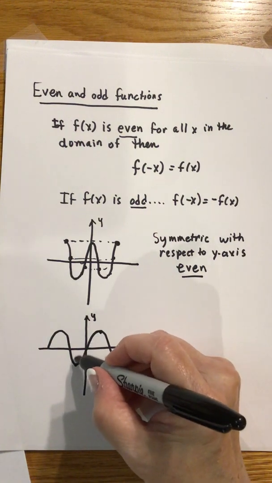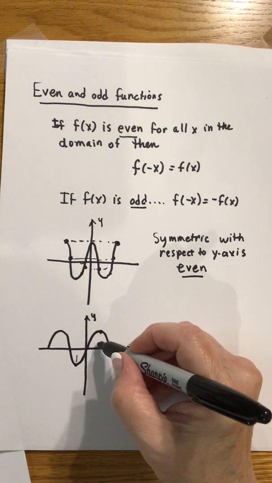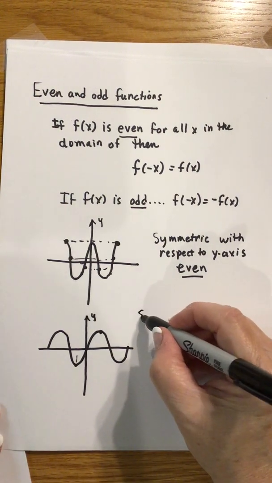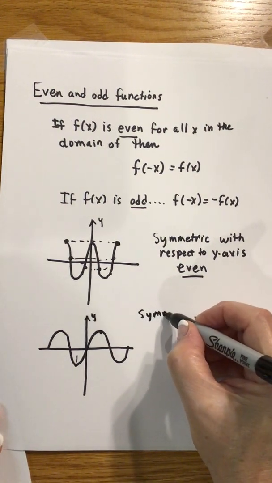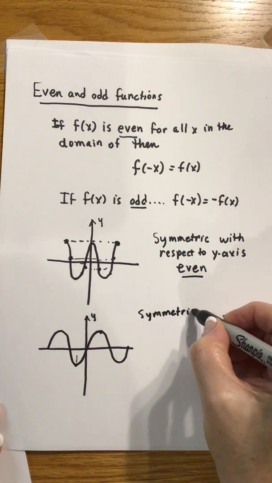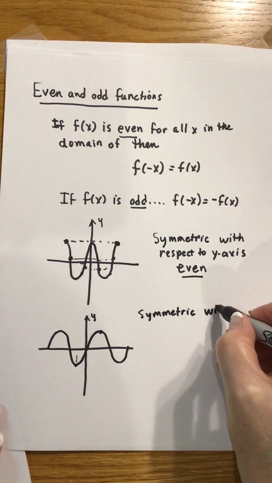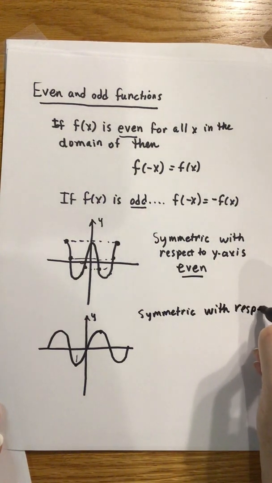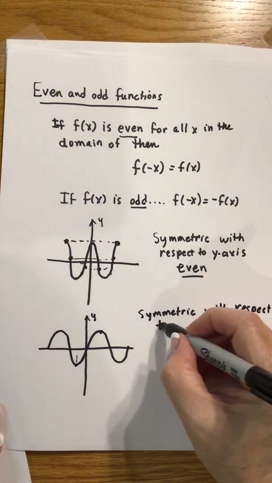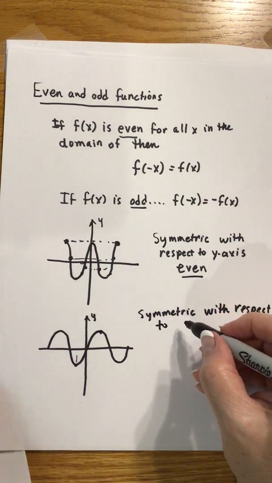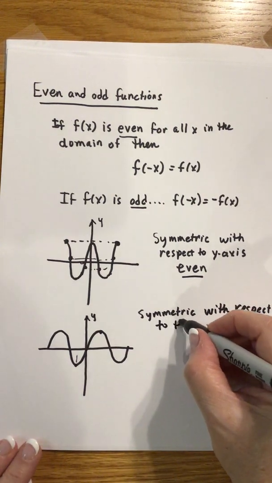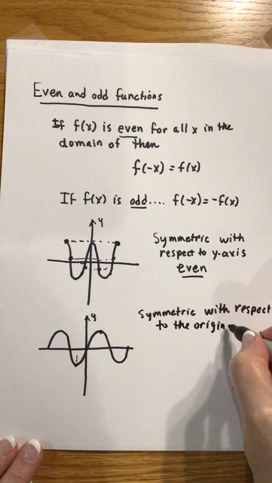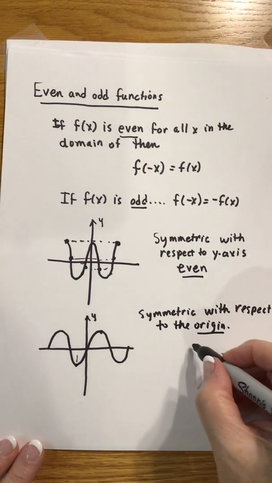So down here would be the opposite of what this one is, right? So this one is symmetric with respect to the origin. That means if it's symmetric with respect to the origin, we know that it's odd.